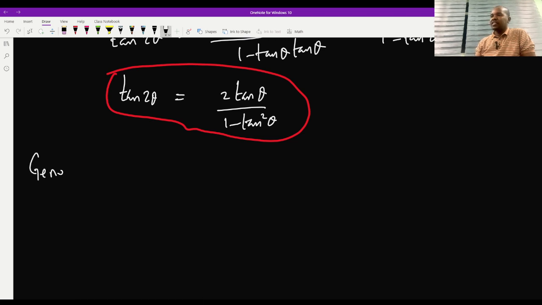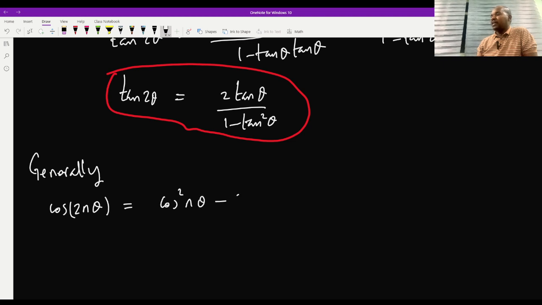So I'll be saying that generally, if we have cosine 2n theta, this is going to be equal to cos squared n theta minus sine squared n theta. And this is the case when n equals 1, 2, 3, 4, and so forth.